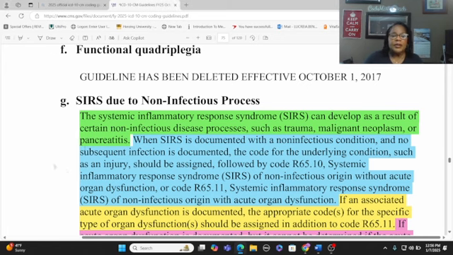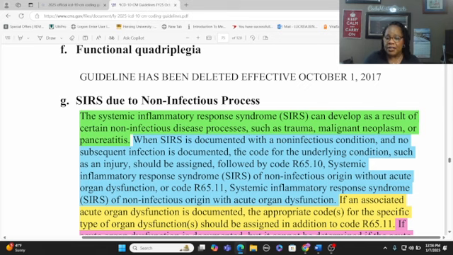SIRS, the Systemic Inflammatory Response Syndrome, can develop as a result of certain non-infectious disease processes such as trauma, malignant neoplasms, or pancreatitis. Now remember, we're used to seeing SIRS with infection, but it can develop as a result of certain non-infectious disease processes.